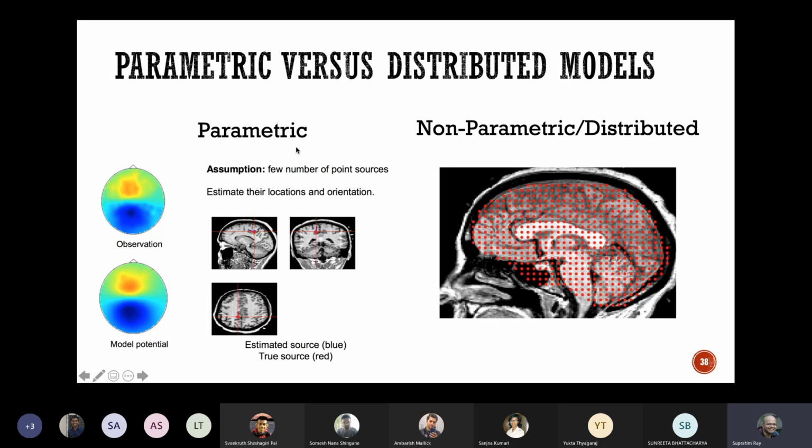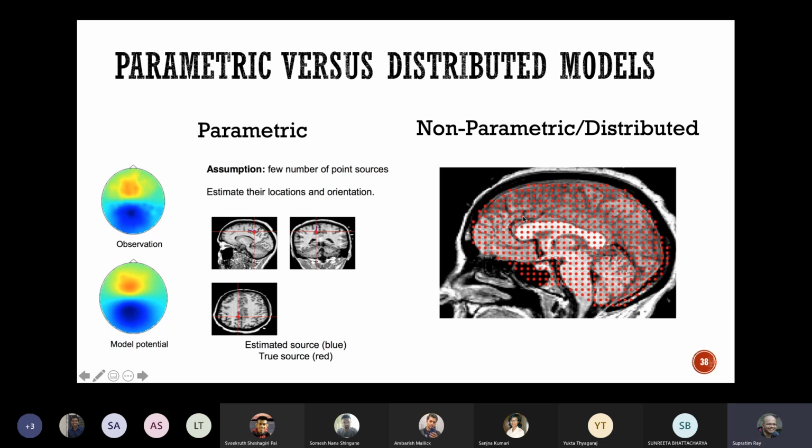First is that you think of only a few dipoles in the brain, whose location, magnitude and direction are all unknowns. And you try to find certain dipoles, their locations, directions and magnitudes, so that the model potential shown here matches the observed potential.